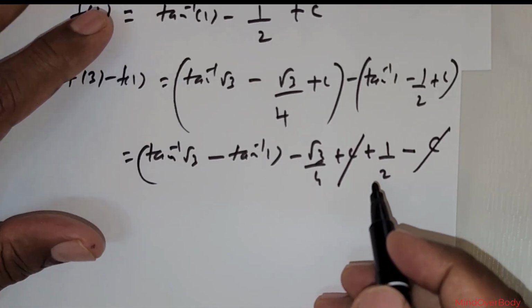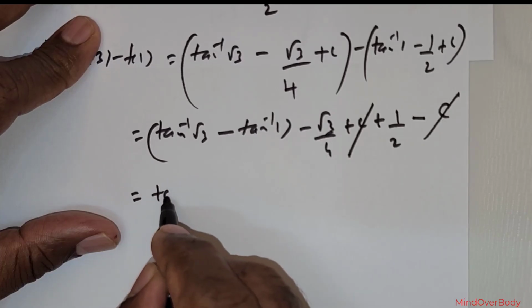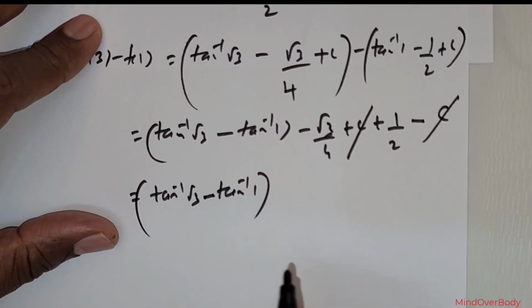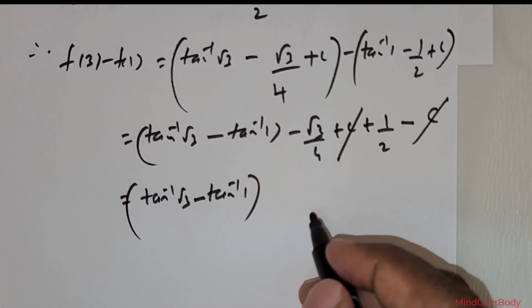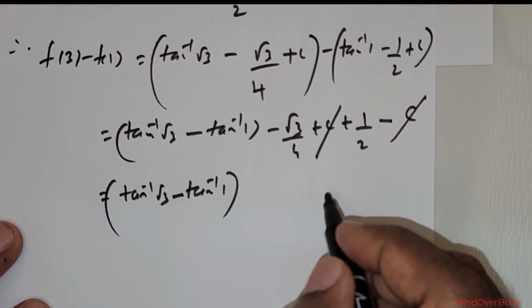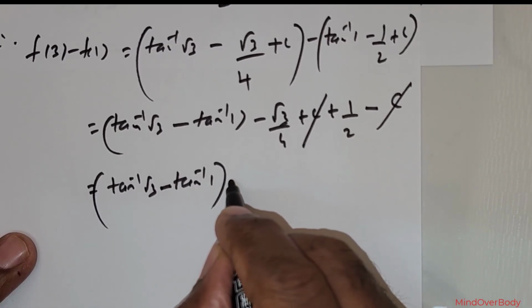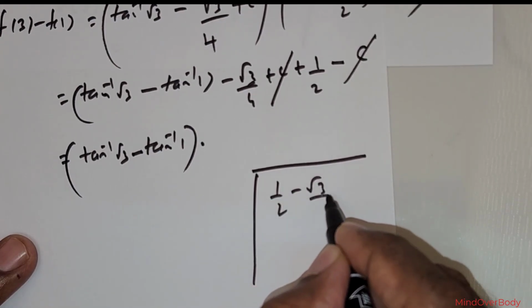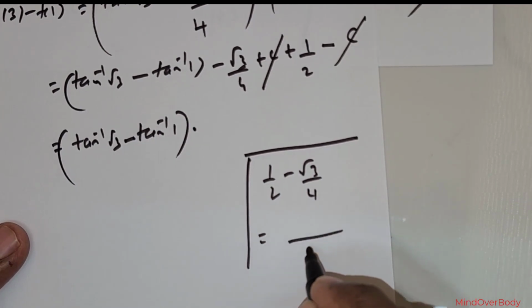So positive negative c goes off. So you have tan inverse of root of 3 negative tan inverse of 1, and you can actually perform some simplification with this. So you have 1 over 2 negative root of 3 over 4. I take the LCM as 4.